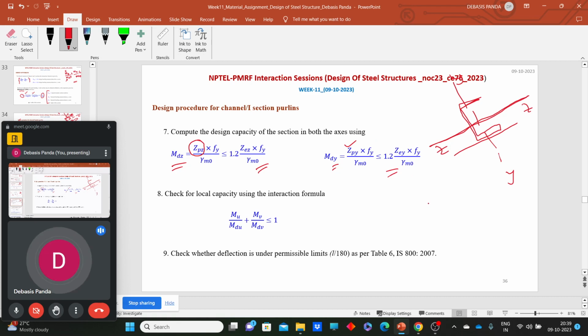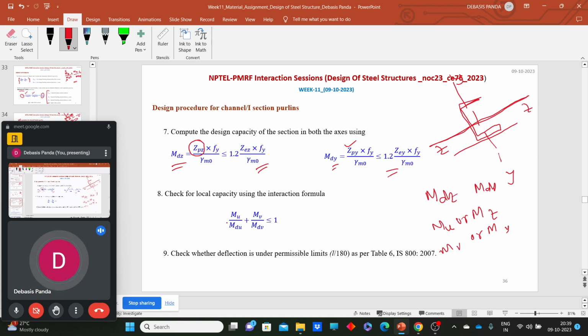Now when we have two values, MDZ and MDY, and also the two factored moments, MZ and MY, using the interaction formula we can check whether the biaxial bending criterion is satisfied or not.